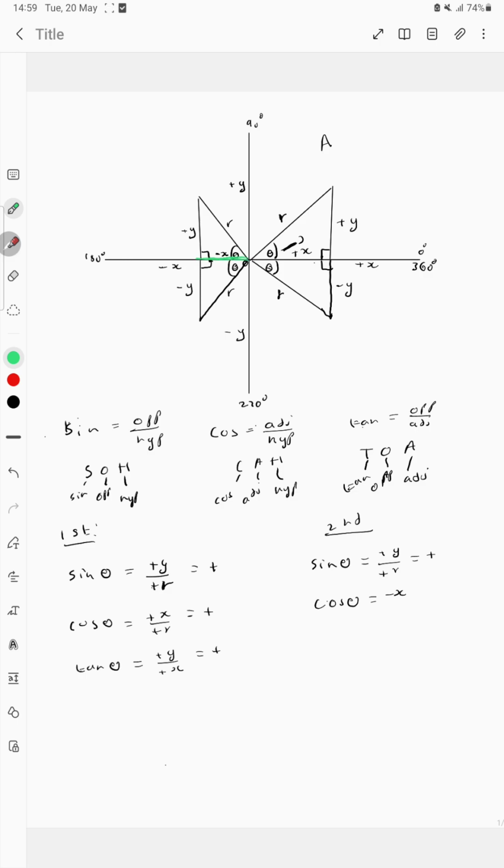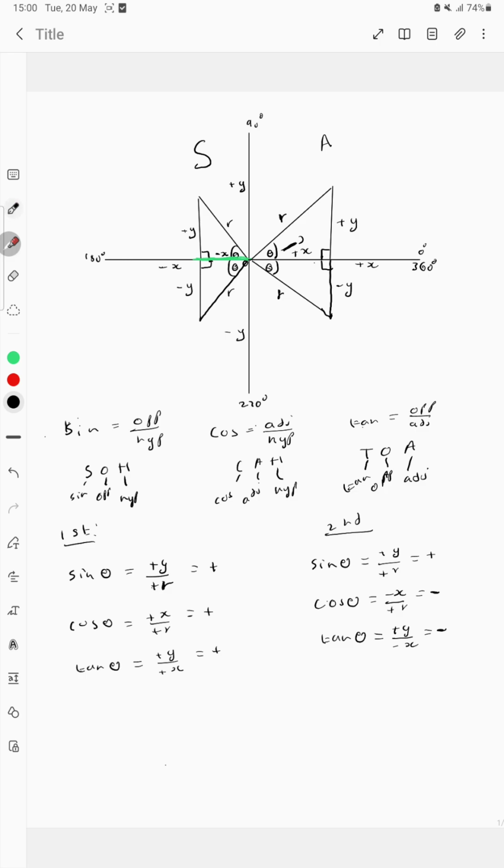We are this side now, and this is the side where you'll have -1, -2, -3, and so on. So negative x over positive r, because remember r is always positive. So negative and positive would give us negative, and then tan is positive y over minus x, and then positive divided by negative gives us negative. So in the second quadrant, only sine is positive.